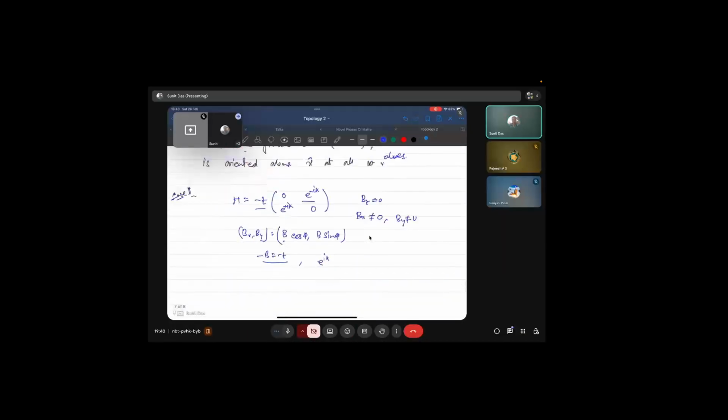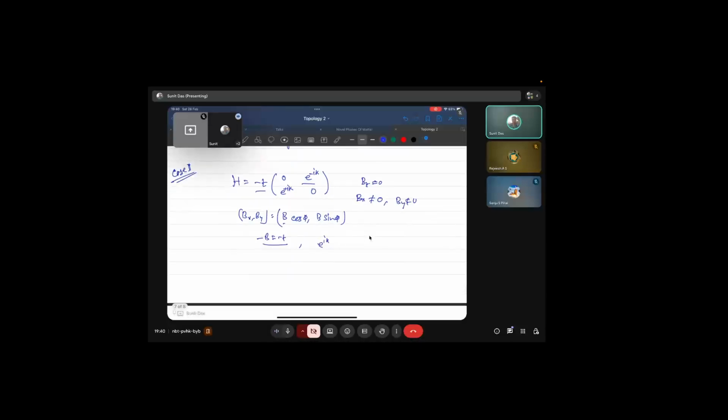So what will happen is that e to the power minus ik is equivalent to e to the power minus i phi, right?